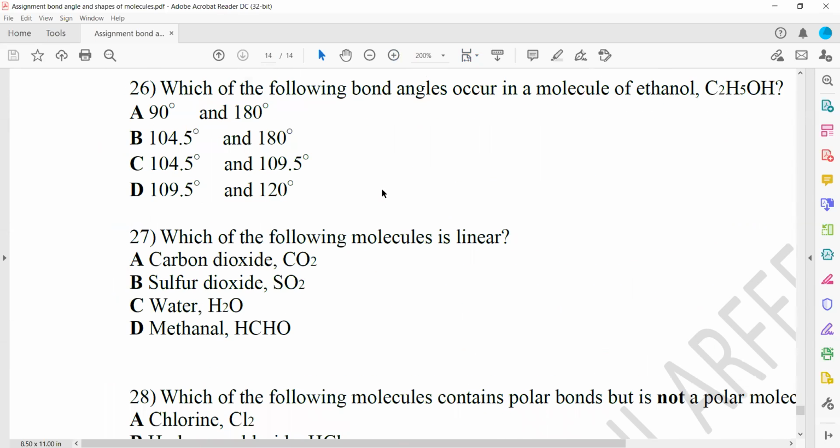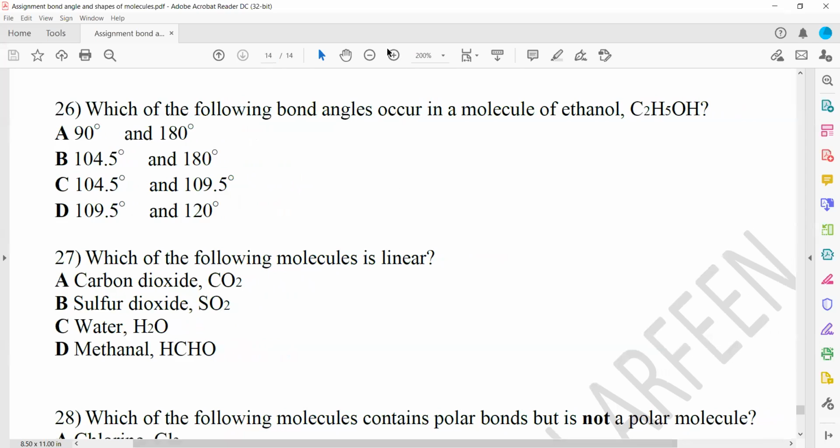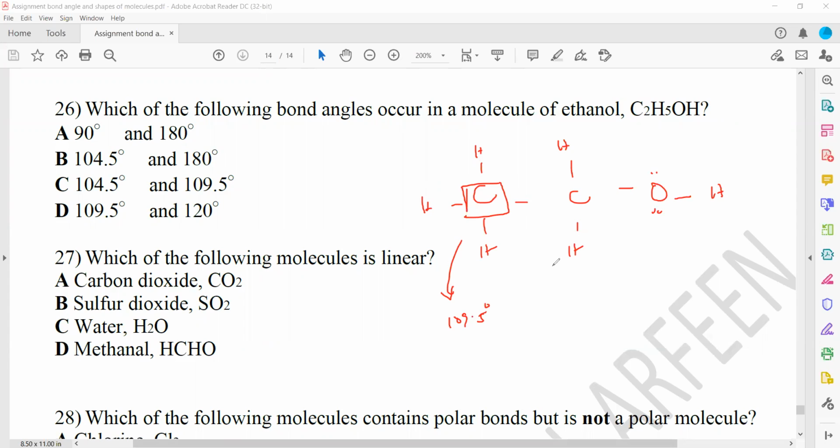Then question 26. Which of the following bond angles occur in a molecule of ethanol? If we draw the structure, this is CH3CH2OH. When we check this carbon, there are 4 bond pairs, so it is a tetrahedral structure with 109.5 degrees.